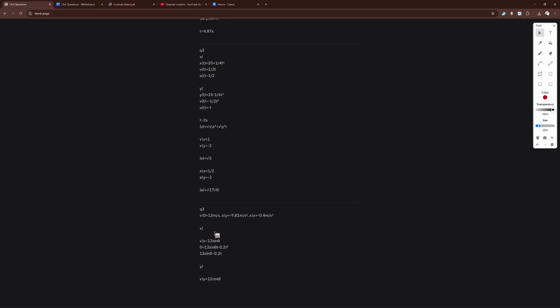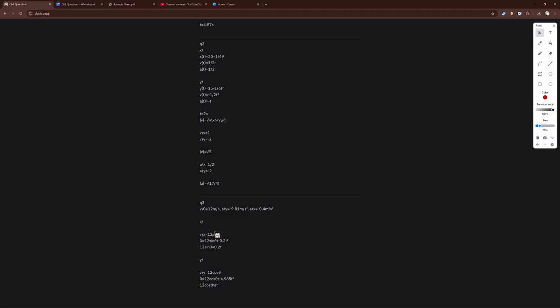We're going to use the same equation: 0 equals 12 cos theta t minus, now using 9.81, 4.985, I think. I hope that's right. Simplified, 12 cos theta equals 4.985 t.